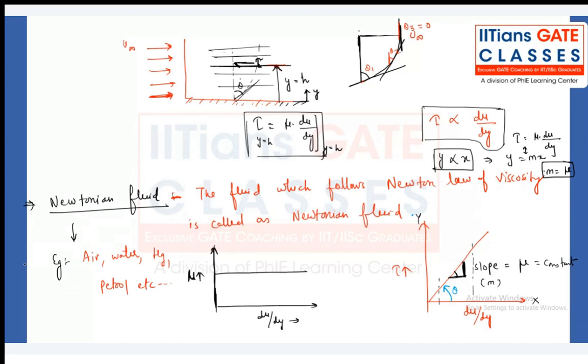So whatever the slope of tau versus du by dy will tell you the values of viscosity. If this slope is more, then the viscosity will be more. If the slope is less, viscosity will be less.